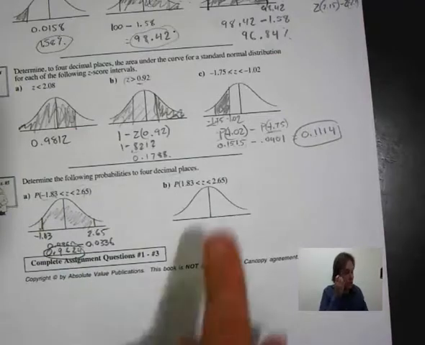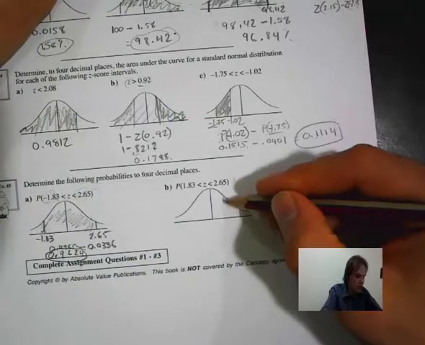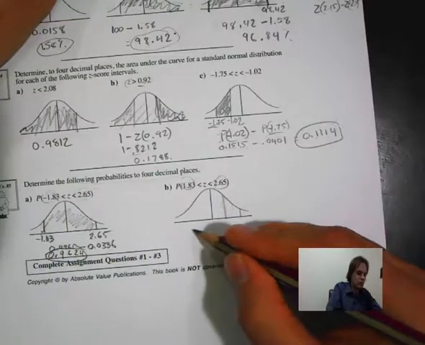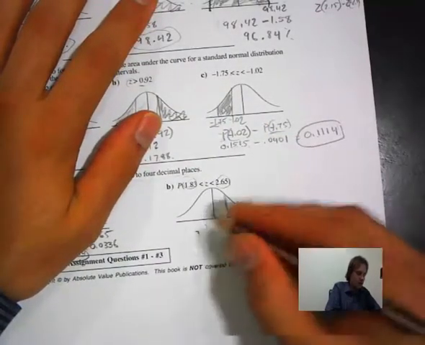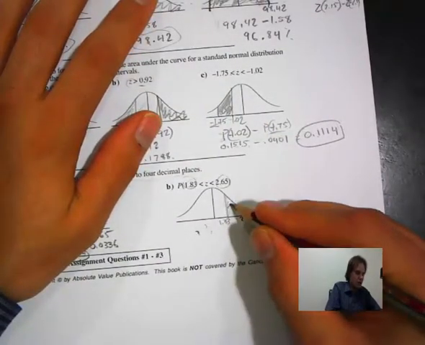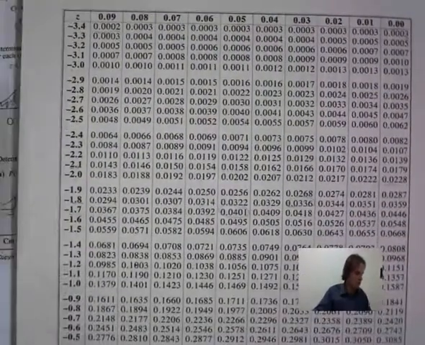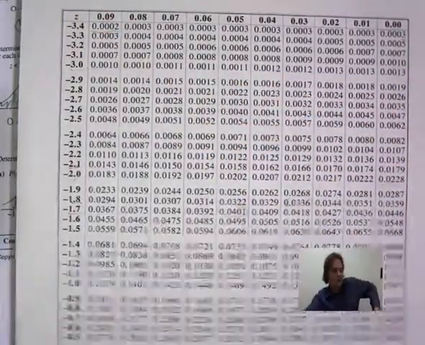Now we look at the next one, we do the same thing. So 2.65 is right here, 1.83 is going to be somewhere right there. We want to find this percentage here, so we always go bigger and subtract the smaller. So we have 2.65 and 1.83, and we want the probability in between. 2.65 is on the positive side.